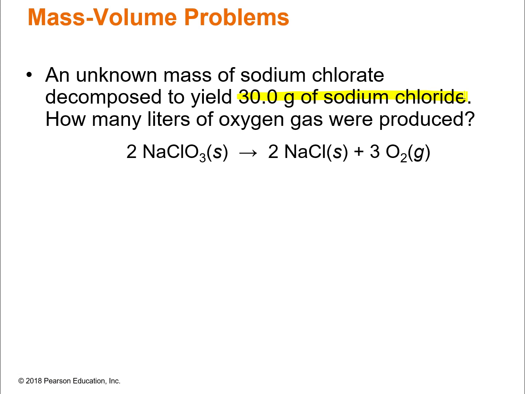Here's our number, so that's going to be our given, our A. And the question is asking about liters of oxygen gas being produced. So we don't know how much of the reactant we started with, but we know how much product we have. We know the 30 grams of sodium chloride.